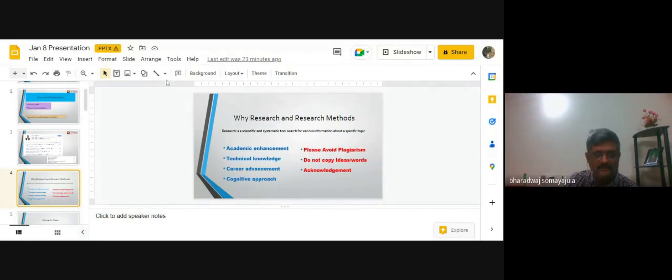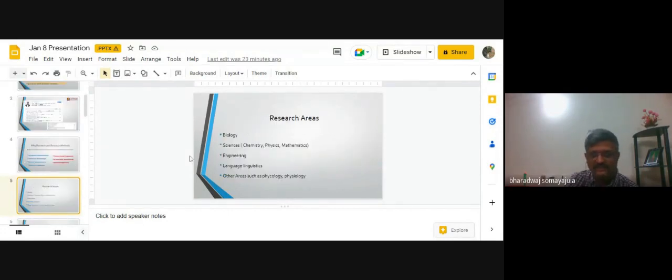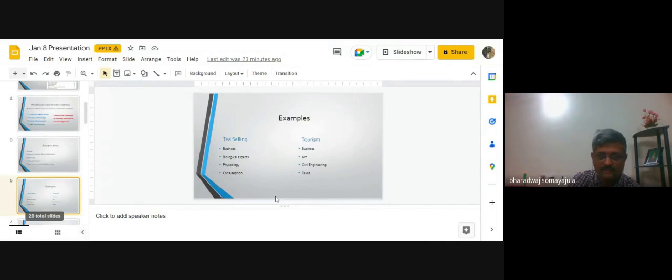Next, these are the critical areas which, as an experimentalist, I analyze: biology, sciences, engineering, languages, and other areas such as psychology. These are the areas where common research generally takes place. Forgive me if I'm missing a few areas. It's only to give you a broad idea or scope of it.